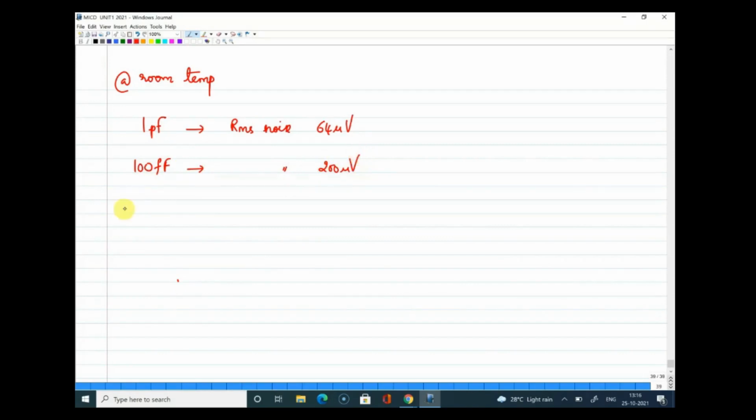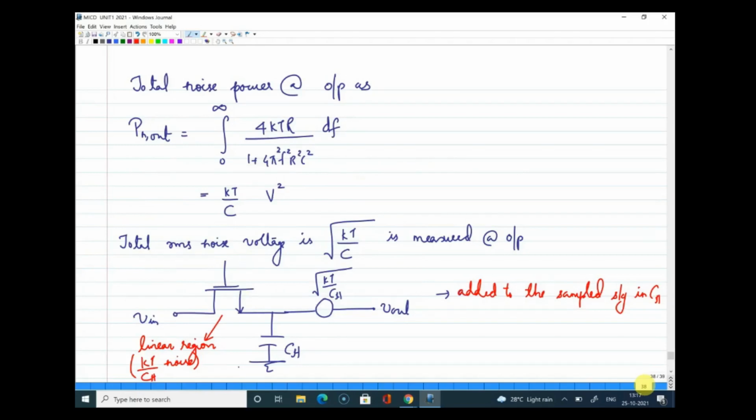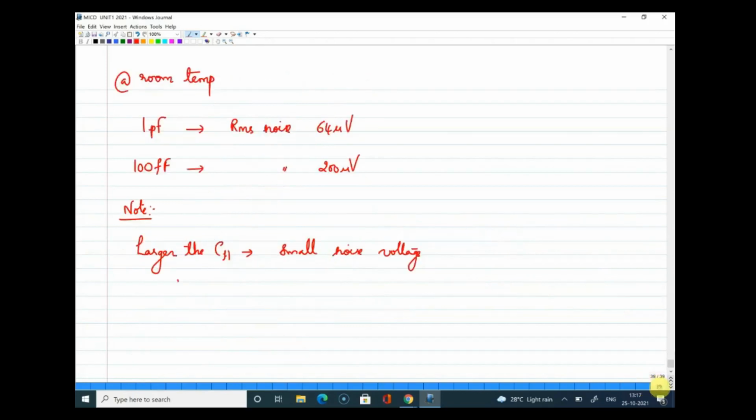So one more takeaway is, the larger the capacitance, the larger the CH value, the smaller the noise voltage, from the relation we have obtained. The output noise voltage is the square root of kT by CH. When you have a larger CH value, the noise voltage will be less, so a small noise voltage will be sampled onto the CH.